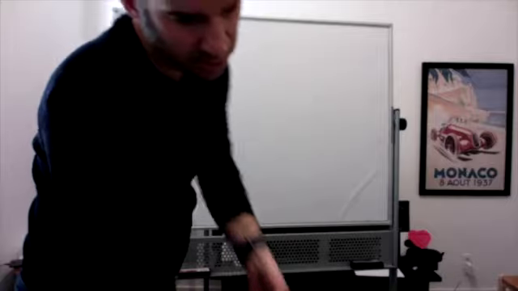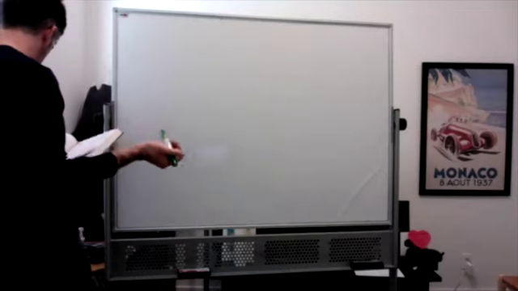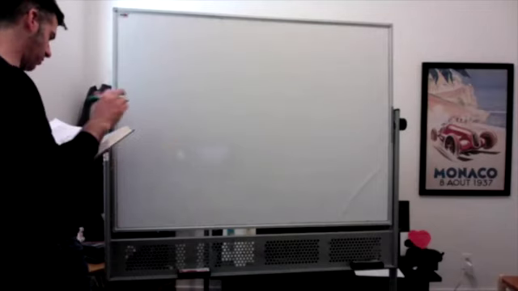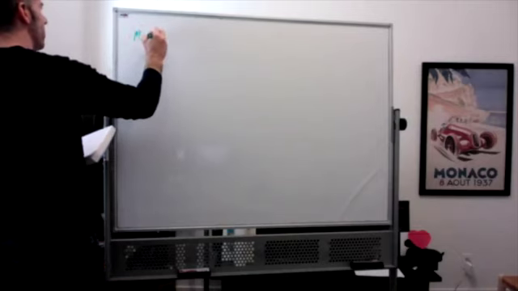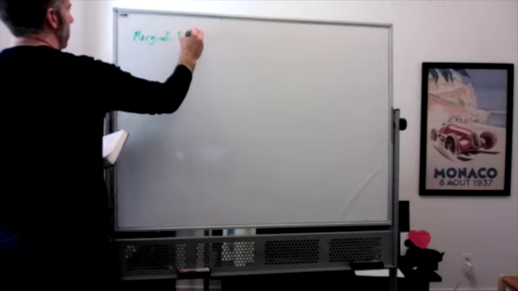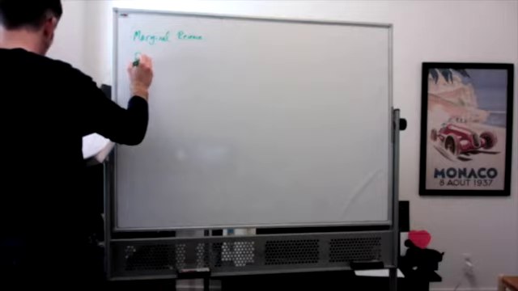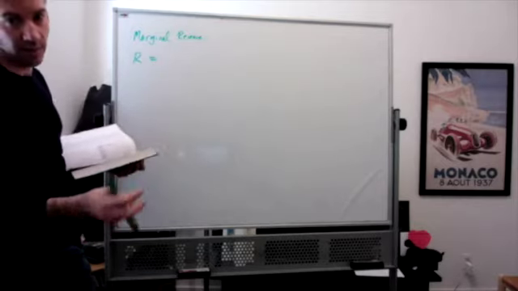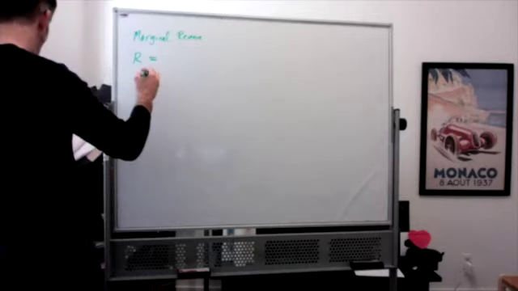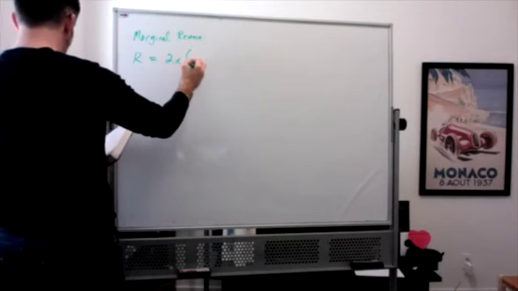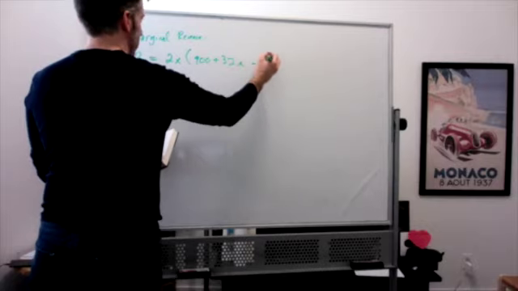So marginals. Here's an example from the textbook. This is problem 30 from section 2.3, marginal revenue. The revenue in dollars from renting X apartments can be modeled by R equals 2X times (900 plus 32X minus X squared).